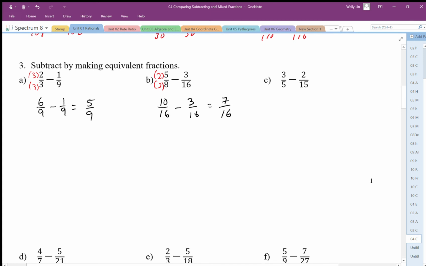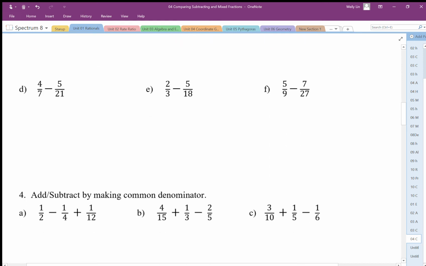So this one here, we want to multiply by 3 to get the common denominator 15. Here we end up with 9 fifteenths, and then we're going to take away 2 fifteenths. We end up with 7 fifteenths.